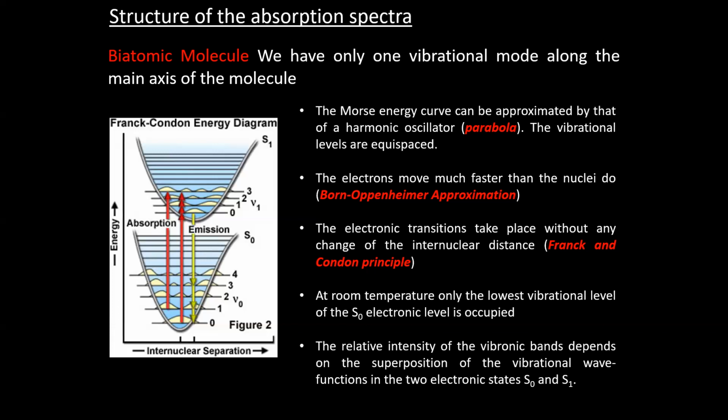It has got 1/2 h bar omega. So there is a minimum energy that is different from zero. And then you have some excited states, and the spacing between the states is constant in the harmonic oscillator. It comes out that you have equispacing.